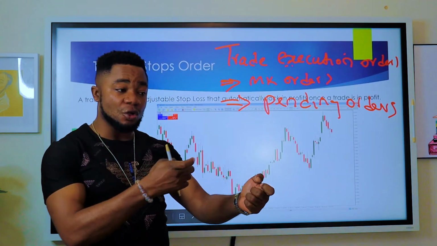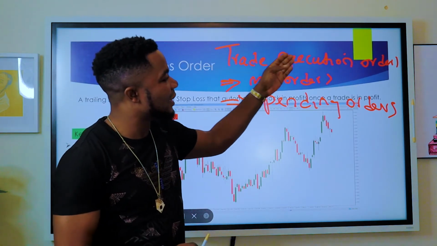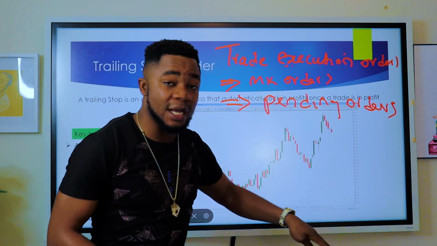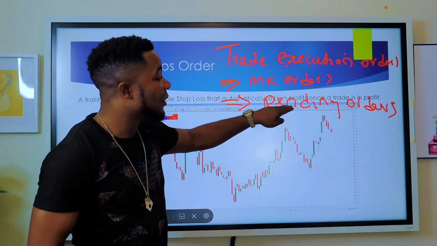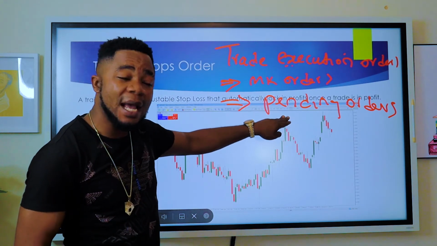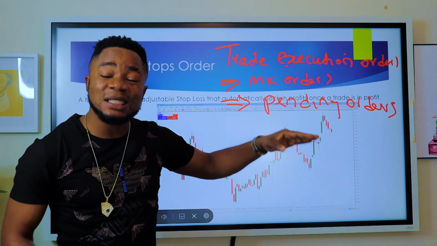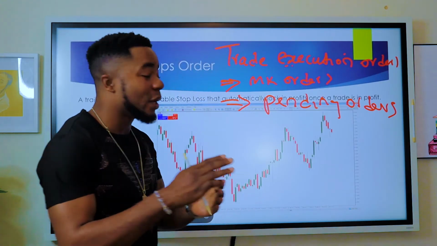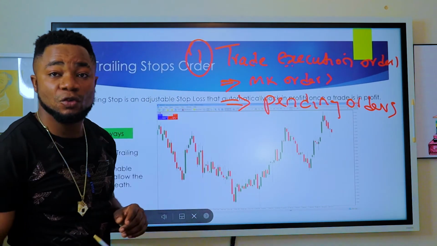Because when you are shooting a gun, you need what you call the trigger. So trade execution orders, which can either be the market order or the pending orders, include the buy limit, sell limit, buy stop and sell stop. All of them fall under trade execution orders. That is number 1.